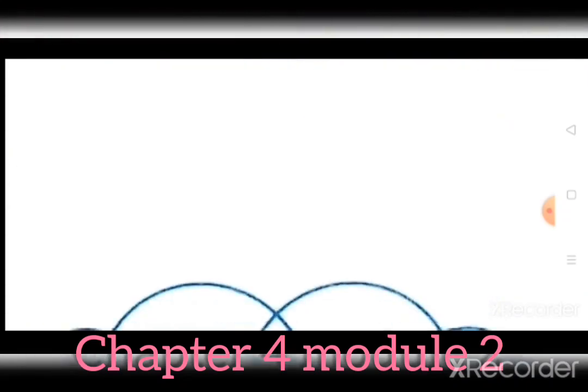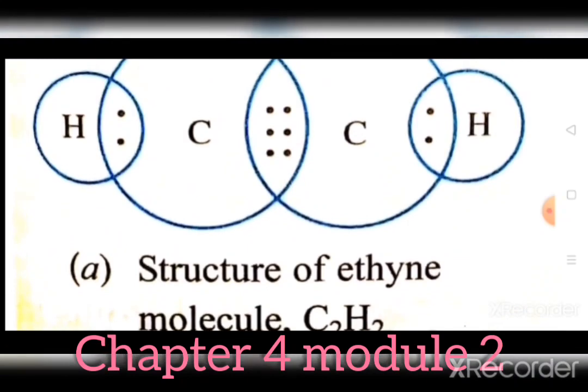Next is the example ethyne. It is C2H2. So here carbon can form 3 bonds. Actually carbon can make multiple bonds: single bond, double bond, triple bond. Here I have shown you all 3 types of bonding. First was single bond, second is double bond, and third is triple bond.